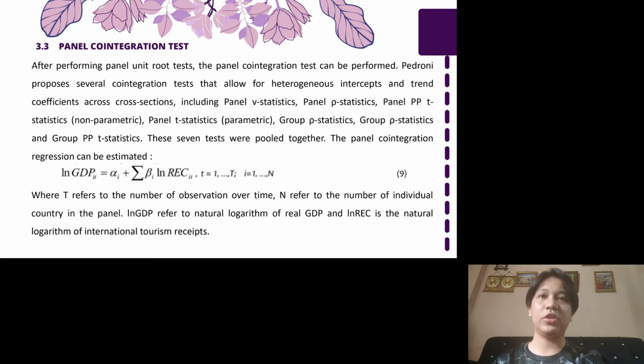Pedroni proposed several co-integration tests that allow for heterogeneous intercepts and trend coefficient across cross-sections, including panel V statistic test, panel P statistics, panel PPT statistic which is non-parametric, panel T statistic parametric, group P statistic, and group PPT statistic. And all of these tests are pooled together and can be estimated by using the formula given.